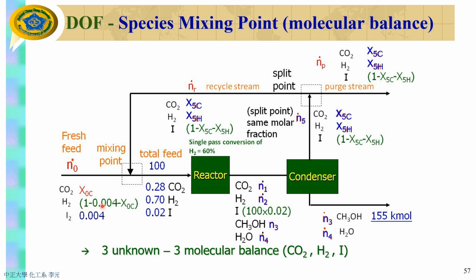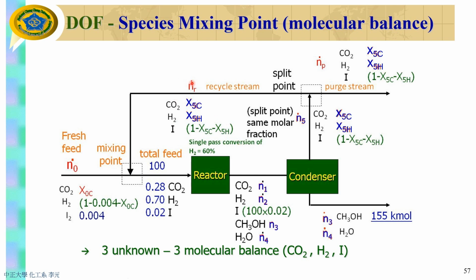Let's do the mixing point. At the mixing point, you have 3 unknowns, right? N0, X0C, and NR. This one doesn't involve any chemical reaction, so you just do molecular species balance: carbon dioxide, hydrogen, inert gas.